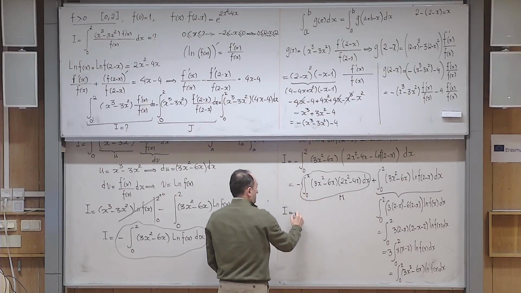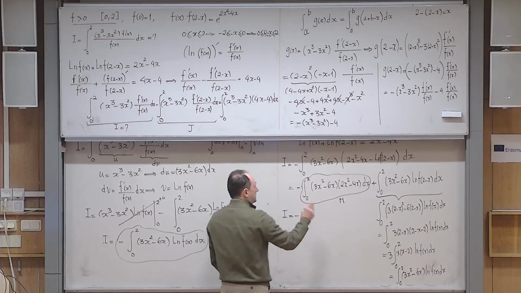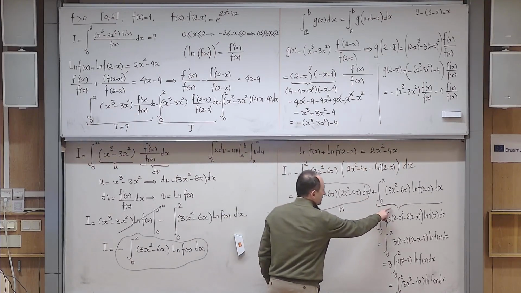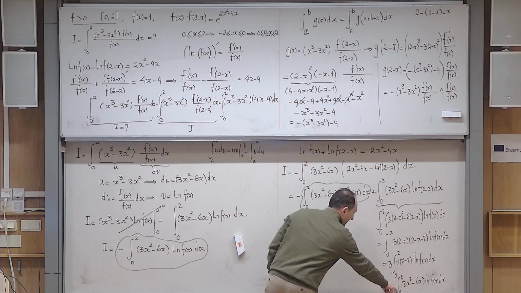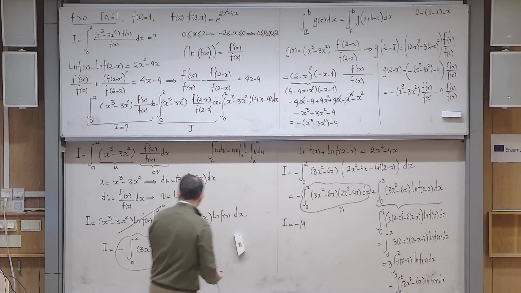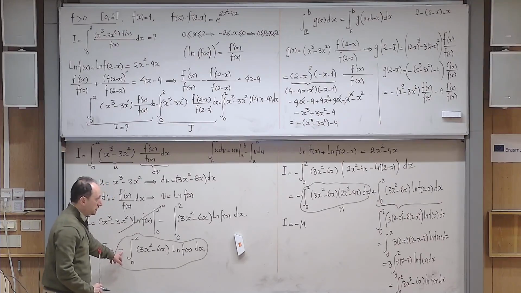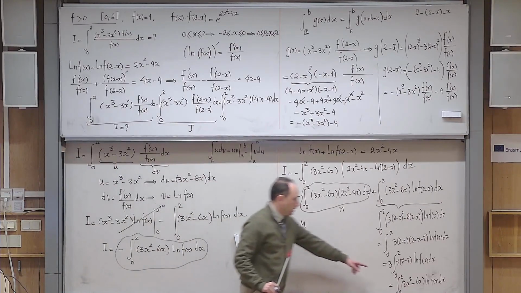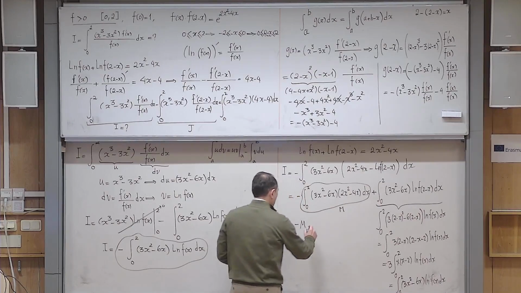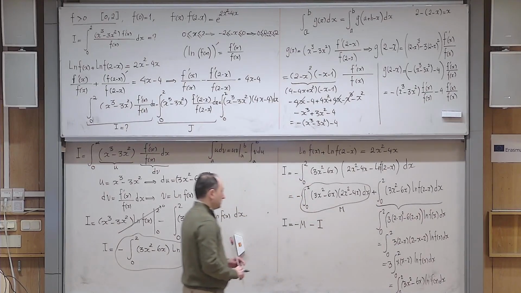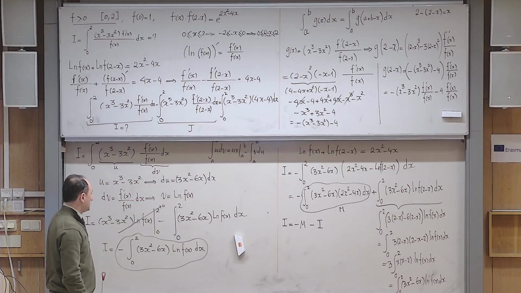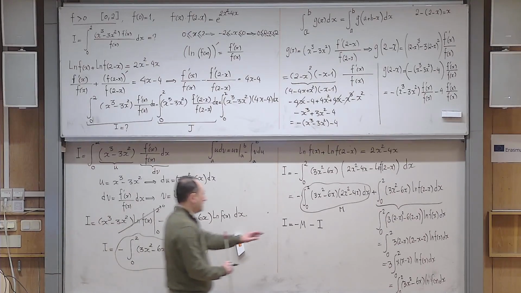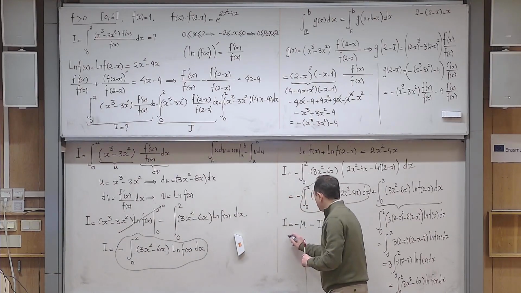So minus m, and then plus this integral that I was able to convince myself is again minus I, because I is with the minus sign, but I do not have any minus sign here, so that is minus I. Are you with me? Yes. So I think this is also a good way to do the problem, to be honest. So what happens, I move minus I to the other side, so it becomes 2I equals to minus m.